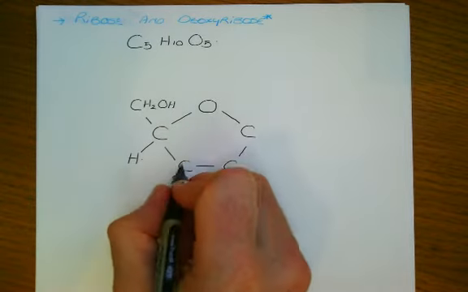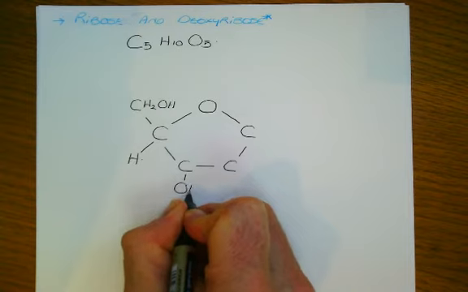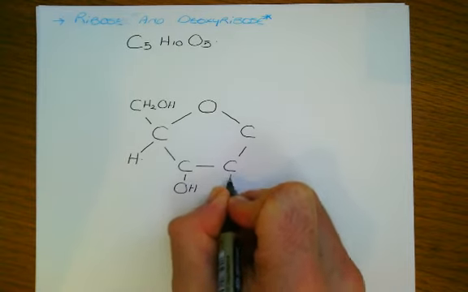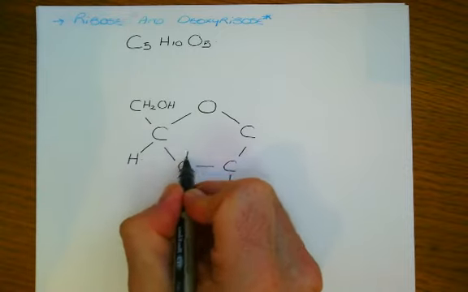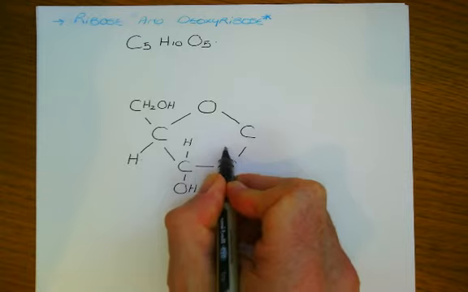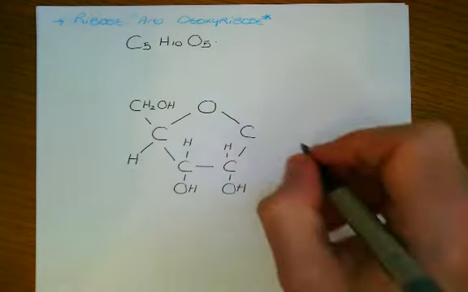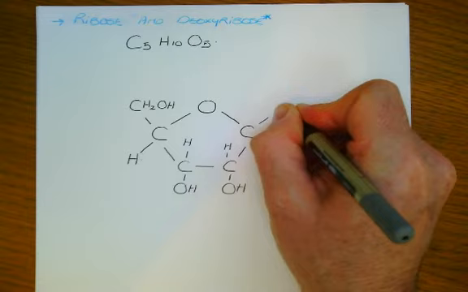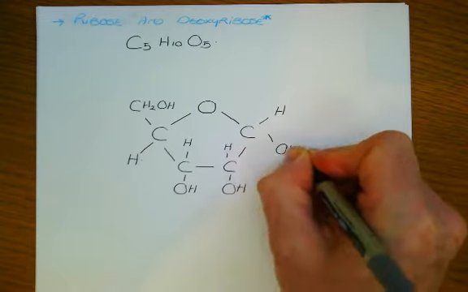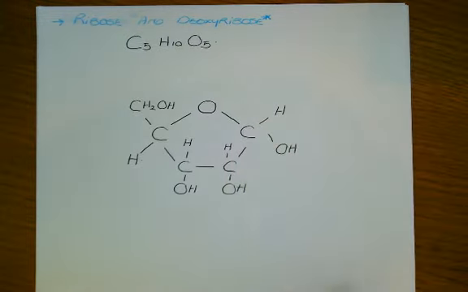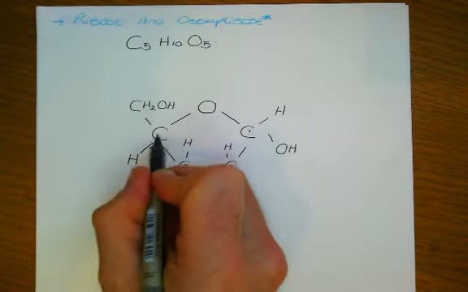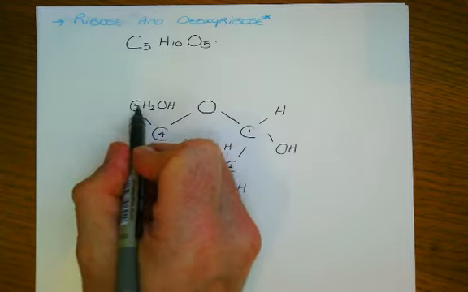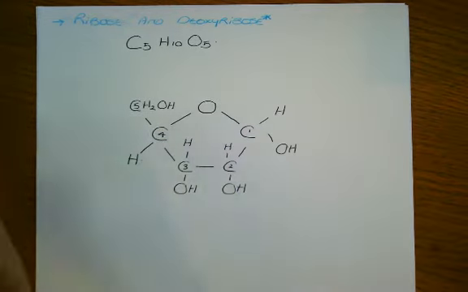At carbon 4 here we have a hydrogen. At carbon 3 we have an OH, and at carbon 2 we have an OH, which means we have a hydrogen here and a hydrogen here. And then for carbon 1 we have a hydrogen here and an OH here. So carbon 1, 2, 3, 4, and 5.